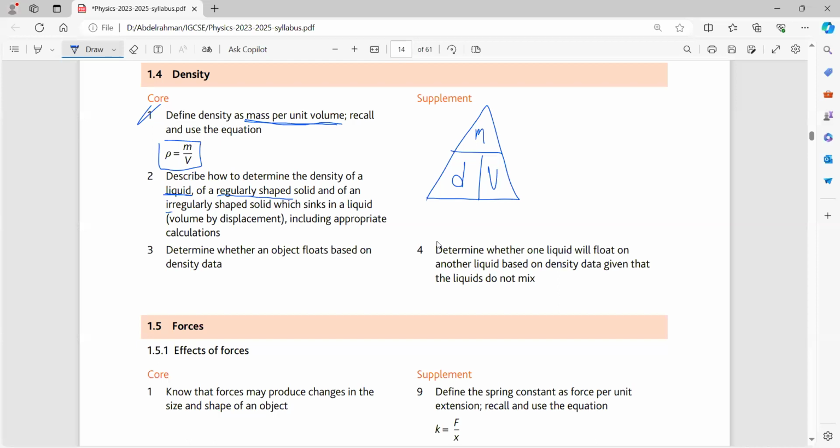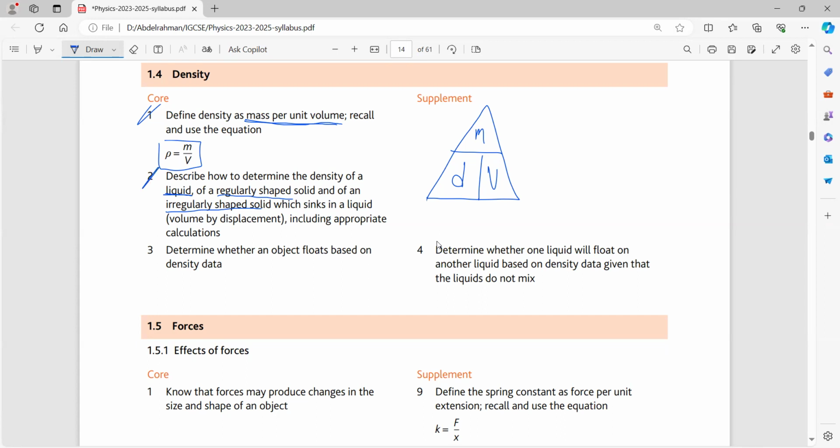Also, of an irregularly shaped object, we would use a measuring cylinder to find the displacement. We will measure the volume of the liquid or of the water, and then when we add the solid, the volume of the liquid will increase. So we will find the difference in the volume, and this will give me the volume of the irregularly shaped object. Okay?